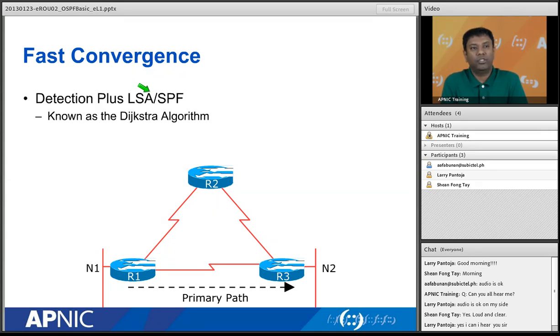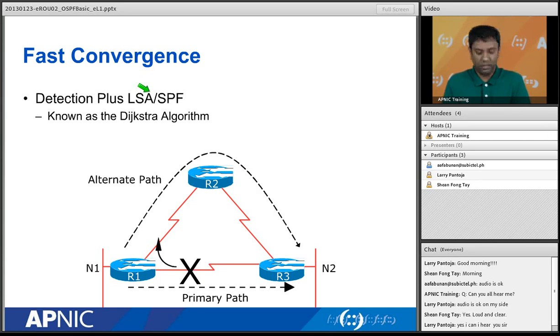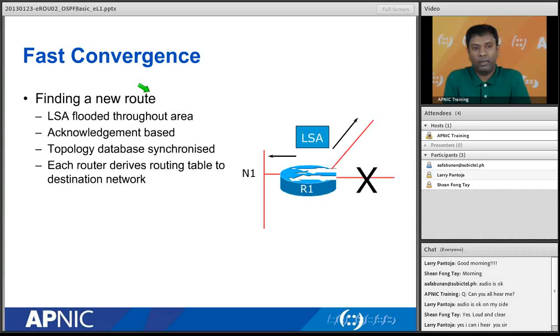So that's how OSPF ensures the fastest convergence. They detect the link failure by using a trigger update. When the trigger update comes, they quickly run the SPF algorithm on the topology table, and from there they select the best path. So this is how they ensure faster convergence in topology changes. That's an example of how the alternate path can come into the routing table very quickly.